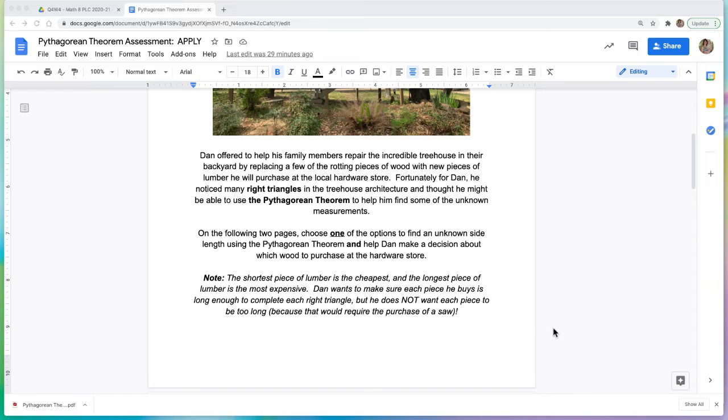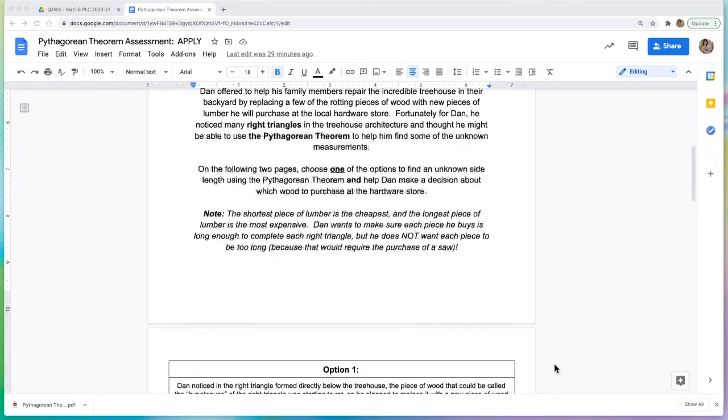Note, when he goes to the hardware store, he discovers that the shortest piece of lumber is cheapest and the longest piece is the most expensive. He wants to make sure each piece of wood that he buys is long enough to complete each right triangle. But he doesn't want each piece to be too long because that would require the purchase of a saw. So keep that in mind when you're trying to make a decision.